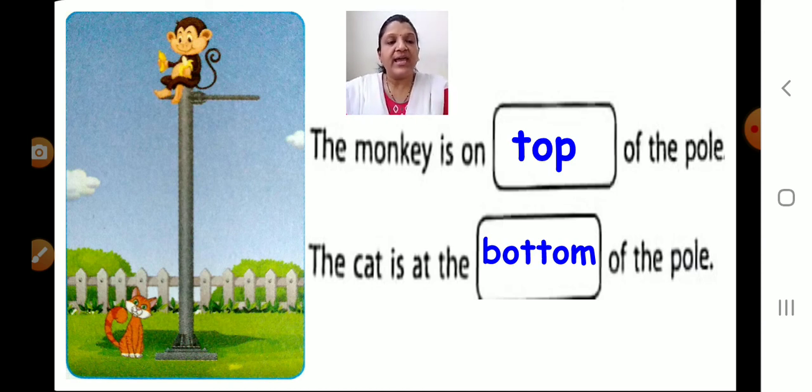The monkey is on top of the pole. T-O-P, top. The cat is at the bottom of the pole. B-O-T-T-O-M, bottom. Have you got it? Okay. Let us go ahead.